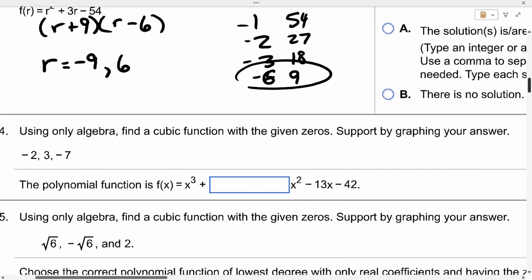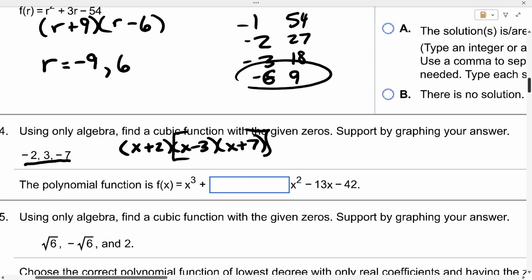Now when you have the zeros already, what's the function that it belongs to? What are the coefficients of all the variables? How do we find that? We can simply multiply them: x plus 2 times x minus 3 times x plus 7.